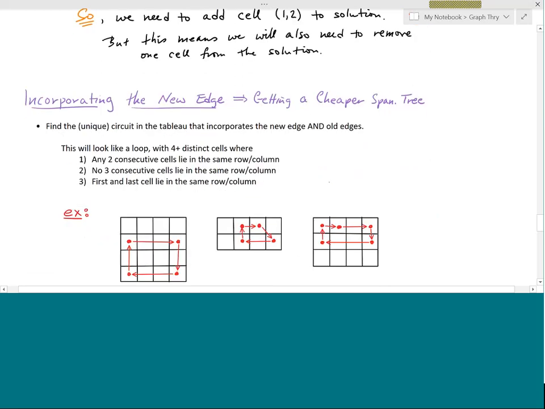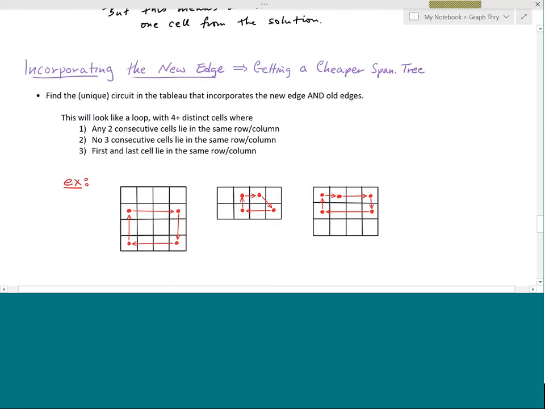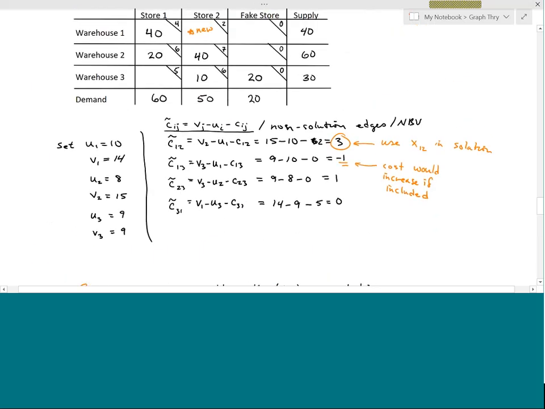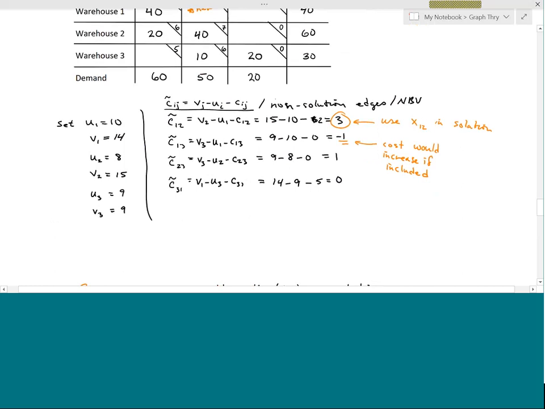So when you're incorporating a new edge into your tree, what you're trying to get is a new spanning tree, because all of these solutions in the graph would actually correspond to some spanning tree, the way that they're sort of jagged here. There's lots of ways to read a Tableau. We're not going to go over it just because we don't have enough time to do that, but this one here does actually correspond to a spanning tree.